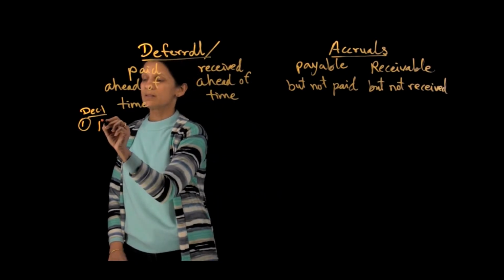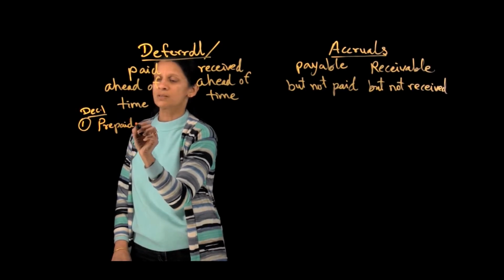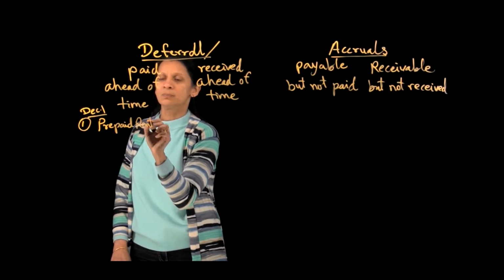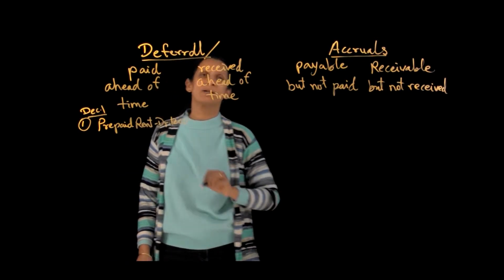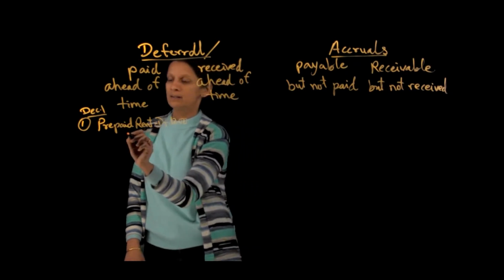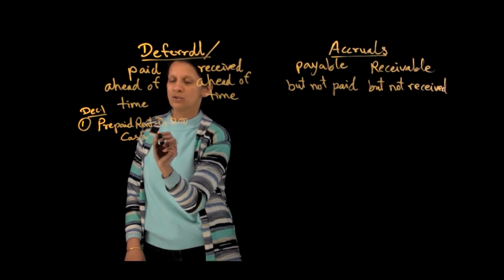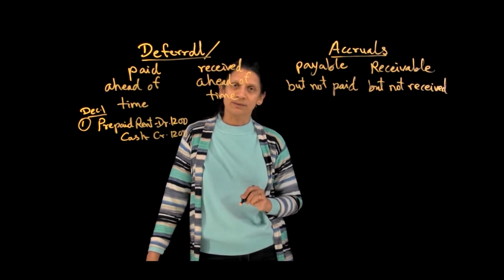Since that rent was being paid ahead of time, it was the employer's asset, prepaid rent, and the employer debited $1,200 for 12 months rent, suppose, and he had paid it in cash. So cash will be credited with the same amount, $1,200.